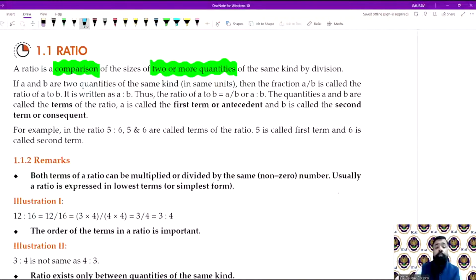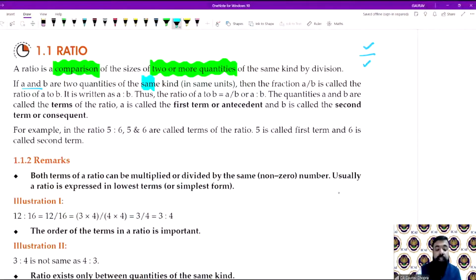Whenever we compare 2 commodities or ingredients, we keep the first in the numerator and the other in the denominator. So if A and B are two quantities of the same kind, what is the meaning of the same kind?